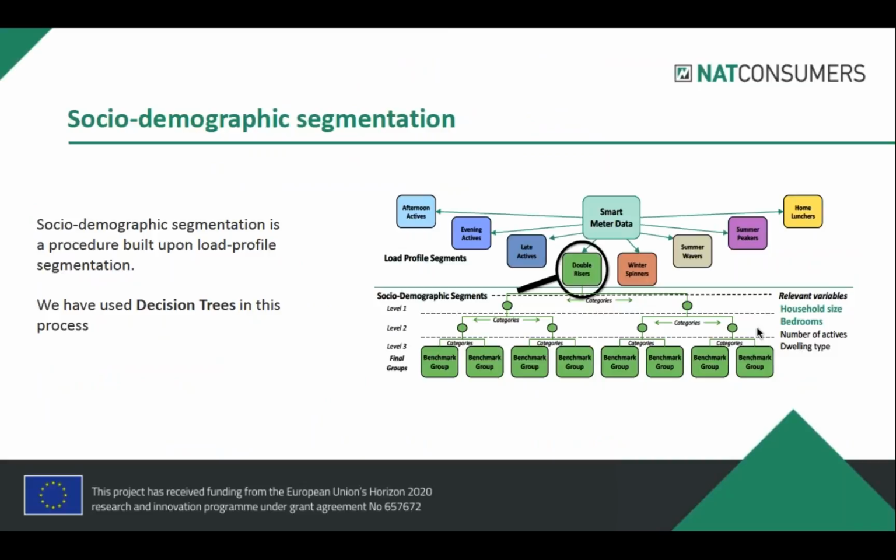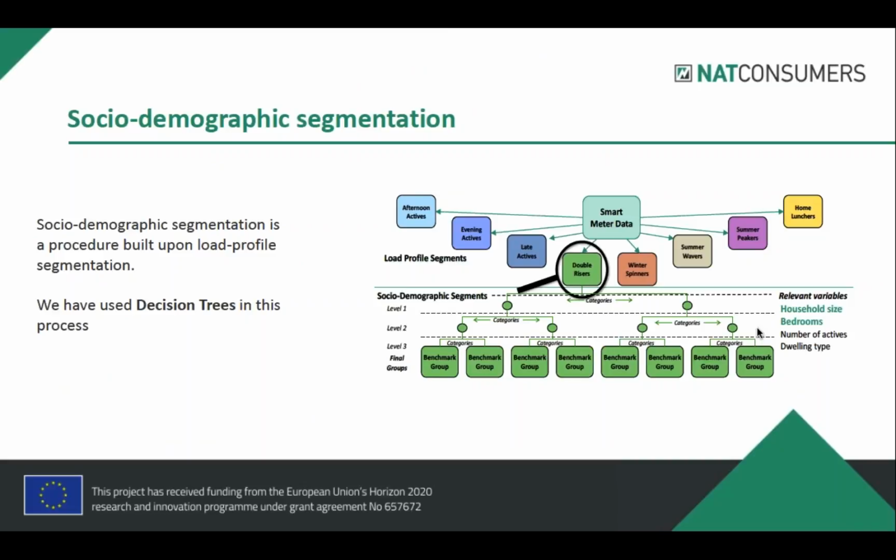Just a few words. The socio-demographic segmentation is a procedure that is built upon the low profile segmentation. So in all of the low profile segments, we identified different socio-demographic segments. We have used some kind of decision trees for this.